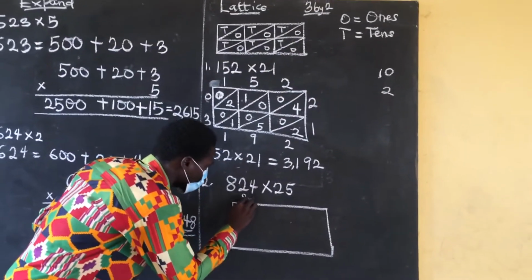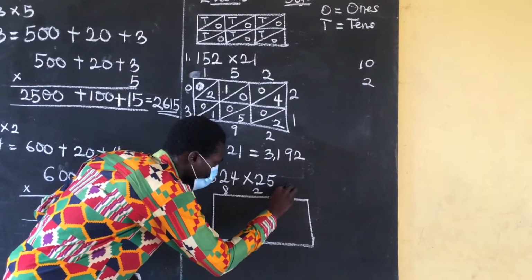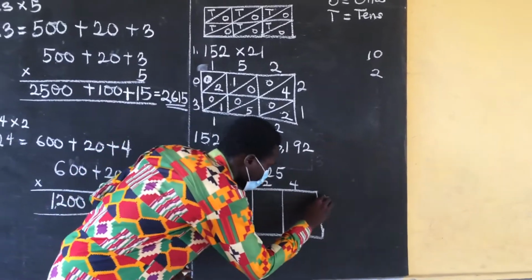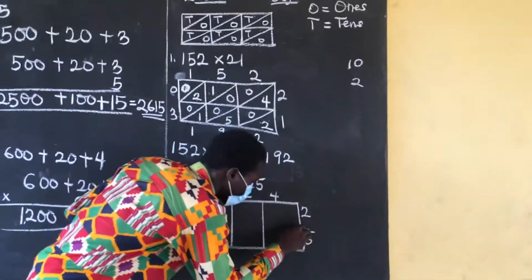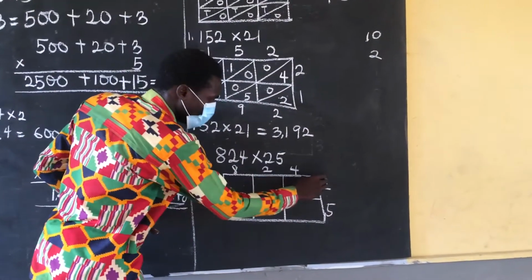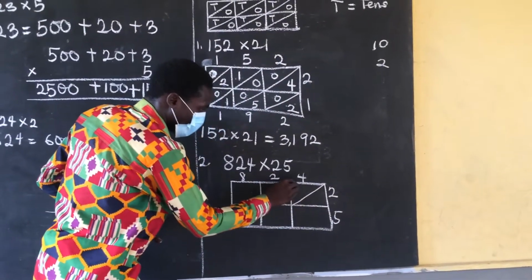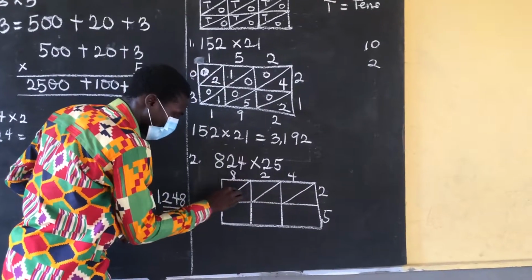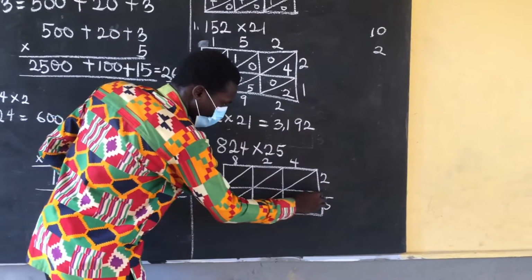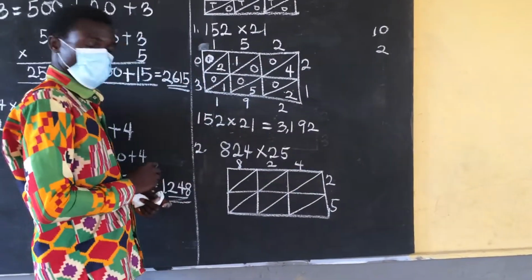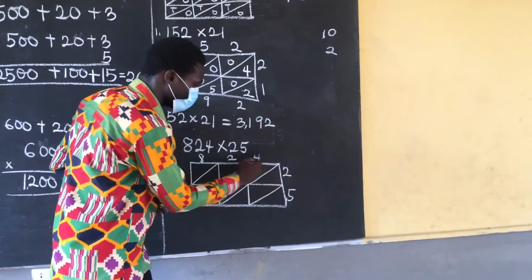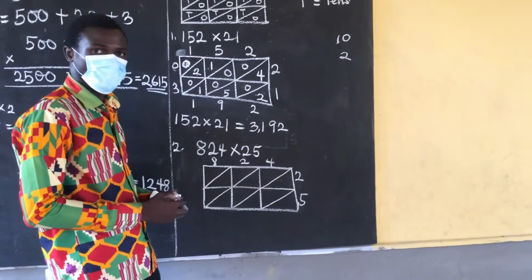So I have 824 this way, that way. Then 25 also this way. Then when I'm done, I'll create a diagonal line in each box. In each box, you are going to create a diagonal line. Then we just multiply, record, multiply, record.